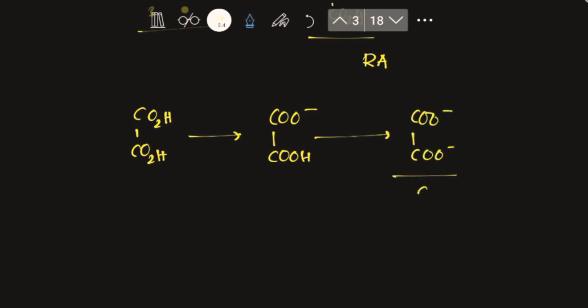This is called the conjugate base, which is nothing but the acid with one less proton. Here this is called the oxalate ion.